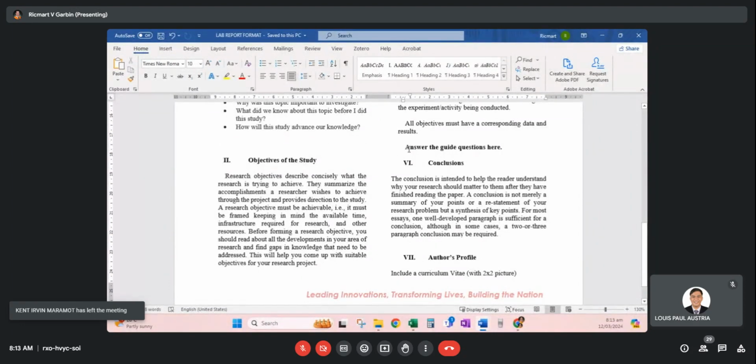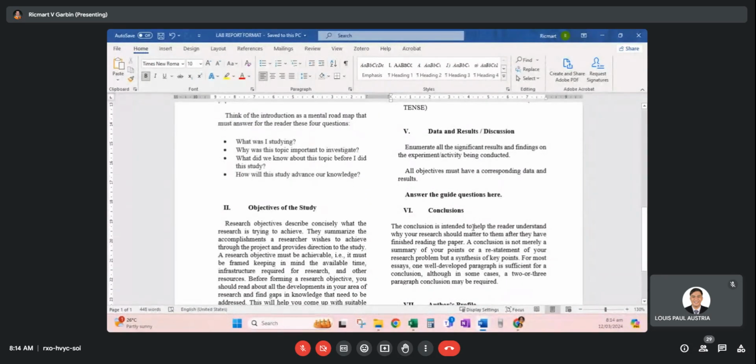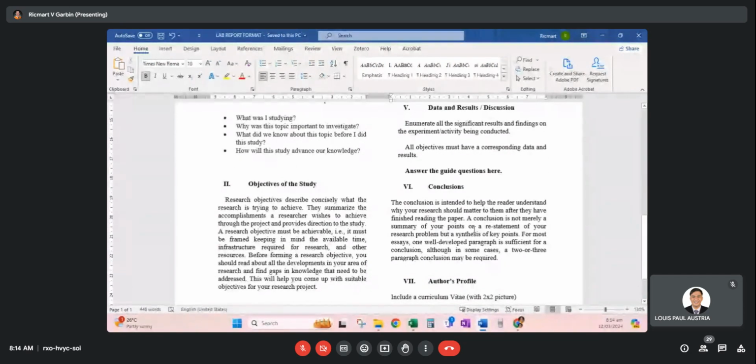So here you will copy and answer the guide questions. Okay. So most particularly yung post-test na. And yung pre-test, you can answer that so that you will be able to know what is your present understanding about the topic. Then yung post-test, yun yung ilalagay nyo dito sa ating result or sa paper natin.